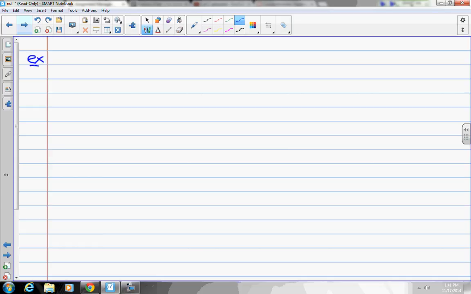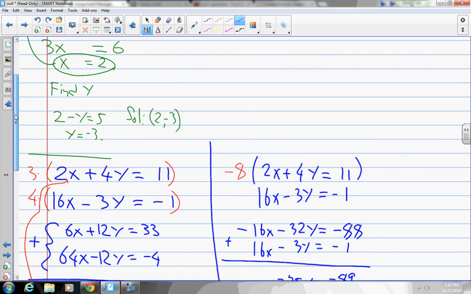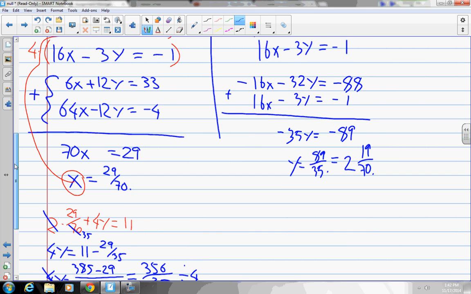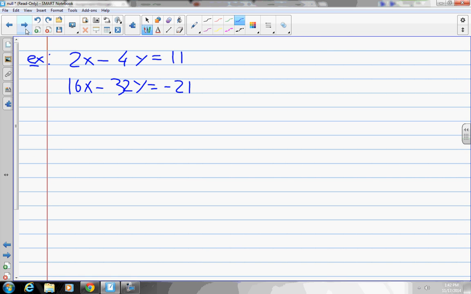So let's do this example. 2x minus 4y equals 11, and then 16x minus 32y equals negative 21. Okay, so how would you like to solve this one?